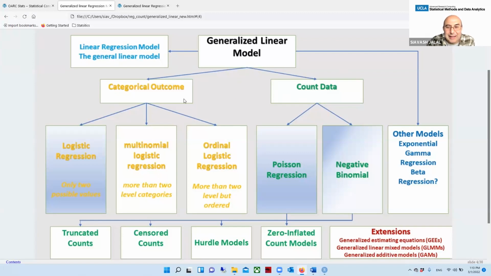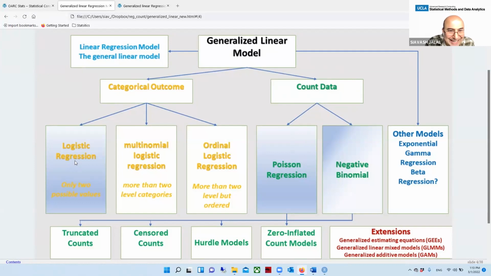Overall, the most common applications of generalized linear models are categorical outcomes and count data. I put them in two separate groups because they are basically two different types of generalized linear model.